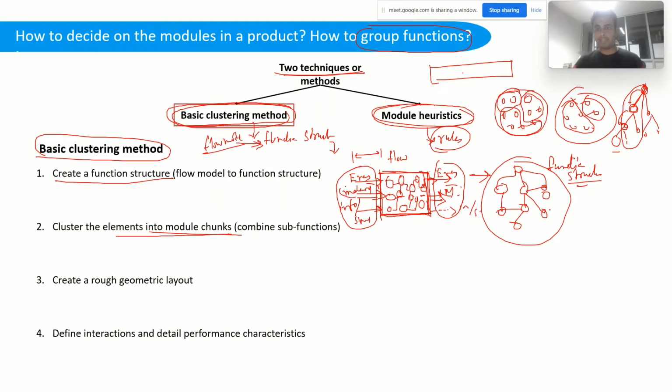Let me explain. For example, you will combine these three if they are three functions you are trying to combine into one, probably because they are sharing common energy. If you are combining these four, probably they are sharing common material.